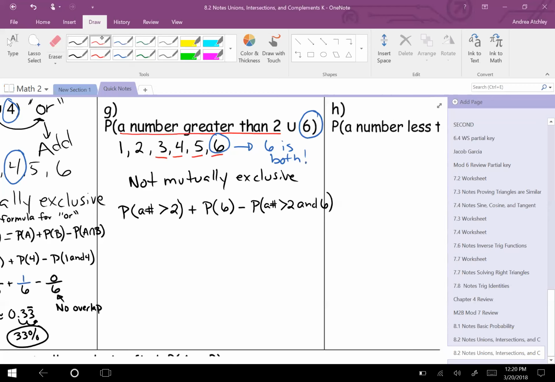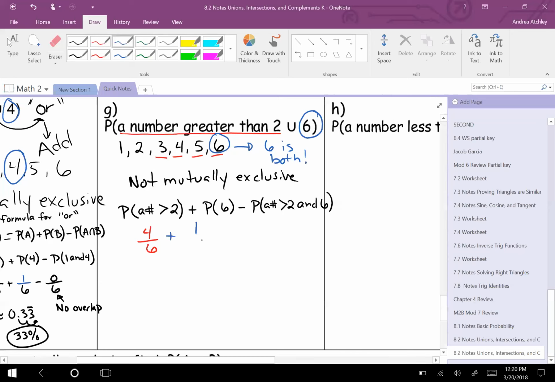Okay, Emily, what is the probability that I'm going to pull a number greater than 2? 4 out of 6. Very good. Jacob, what's the probability of me choosing a 6? 1 out of 6, right?